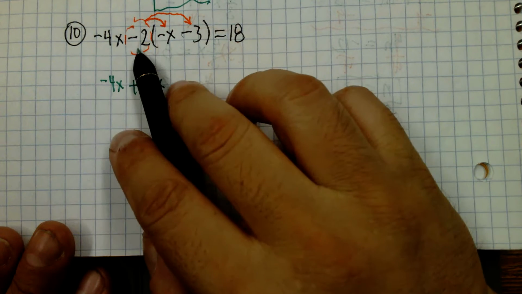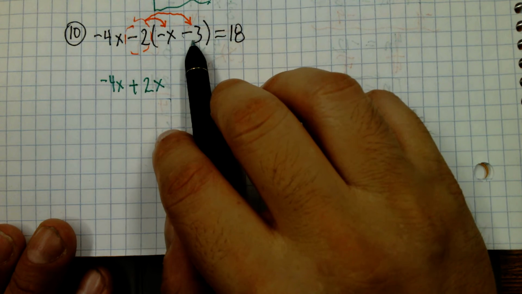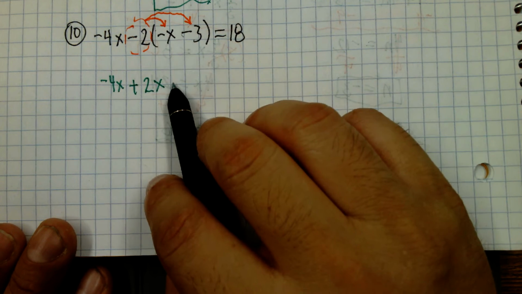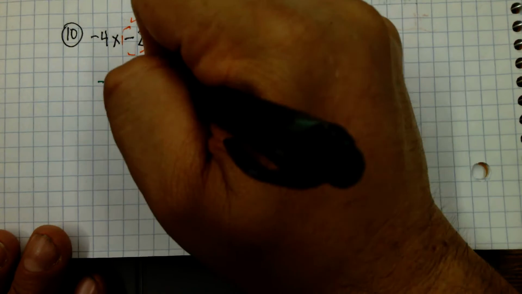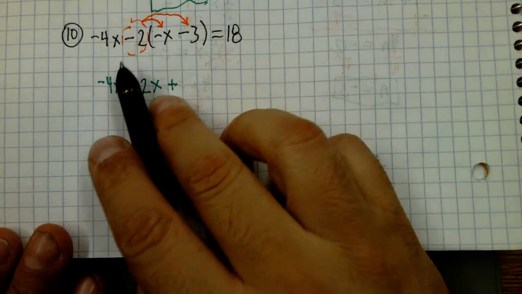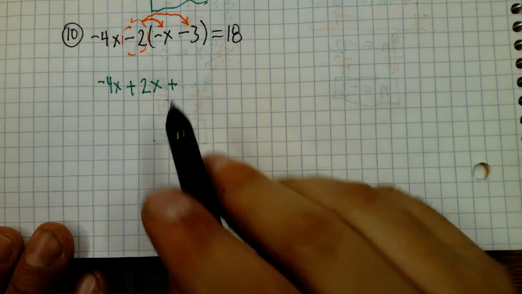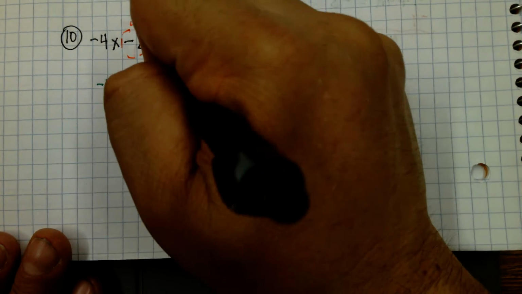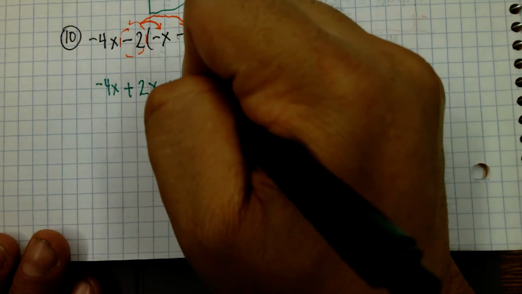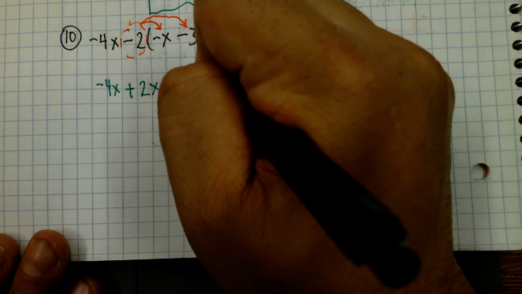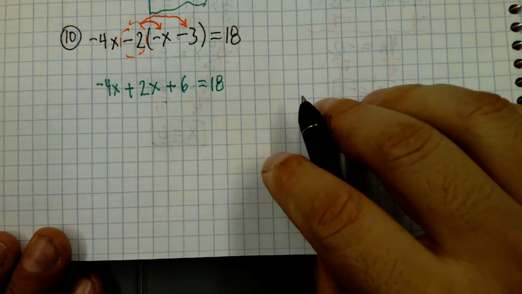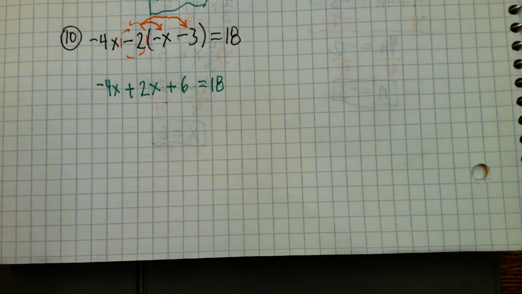Then I'm going to distribute negative times a negative again. That makes another positive, so this is plus. Okay? Negative times negative is positive. 2 times 3 is 6. And then equals 18. Okay? After all that, I'm down to this.